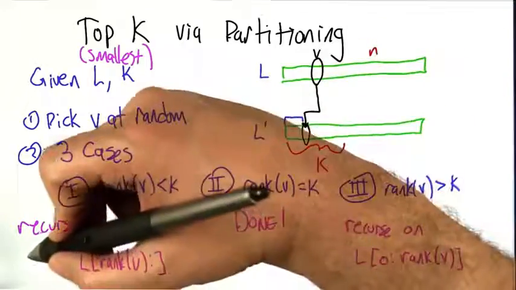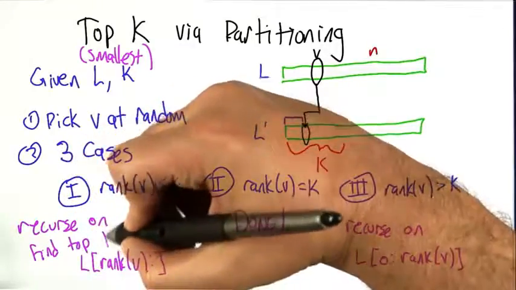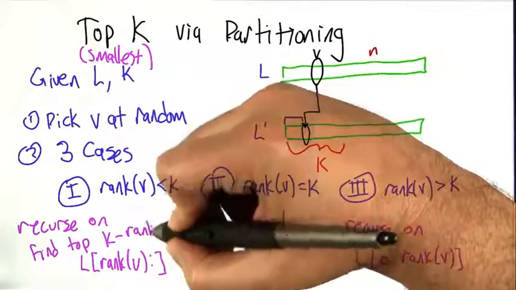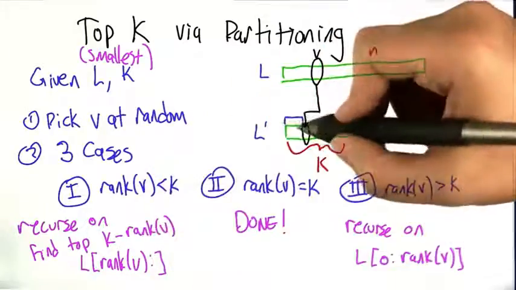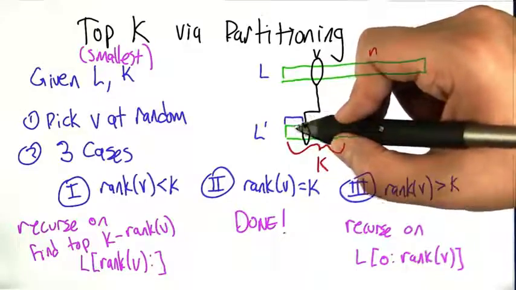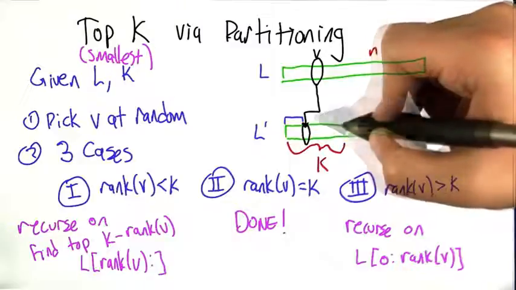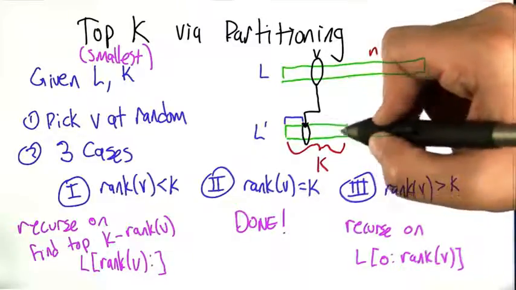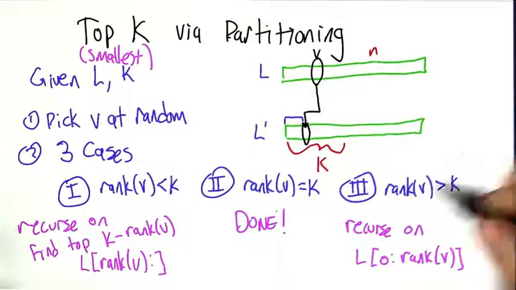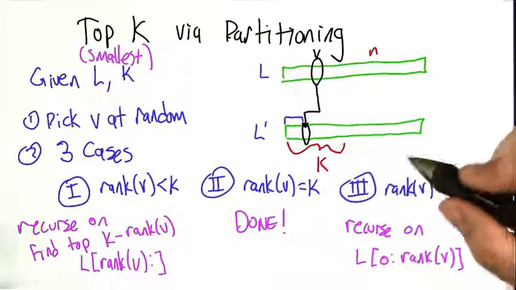We want to find the top k minus rank of v. Why? Because we already know that these elements here are already in the top k. So we only really need to care about what's left, the k minus rank v that we haven't found yet. So those are the 3 cases that we care about. And you ought to be able to code this up and actually find the top k in this list.